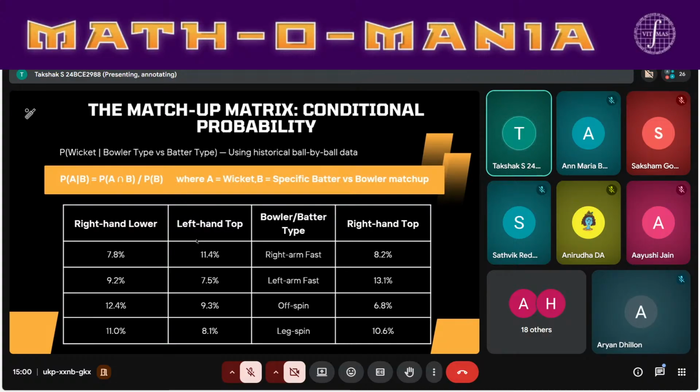This means that given that a specific situation has already occurred, what is the probability that a specific outcome follows. In cricket, we apply this to the bowler versus batter matchup, specifically probability of wicket given bowler versus batter type, which means given that a particular type of bowler is bowling to a particular type of batter, what is the historical probability based on thousands of past deliveries that a wicket falls on any given ball.